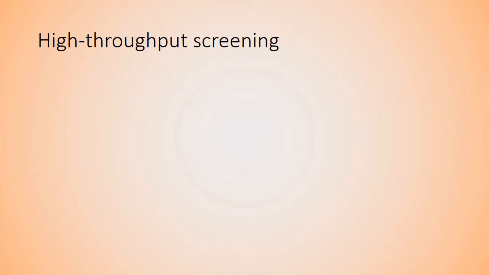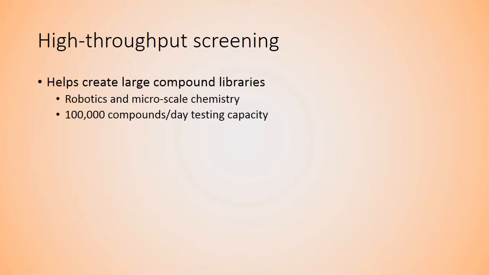The last one we're looking at is called high throughput screening, or HTS. This helps create large compound libraries because we use robotics and microscale chemistry. So this is essentially what all these processes are combined. The beauty of this is it's working with tiny little wells during this microchemistry.